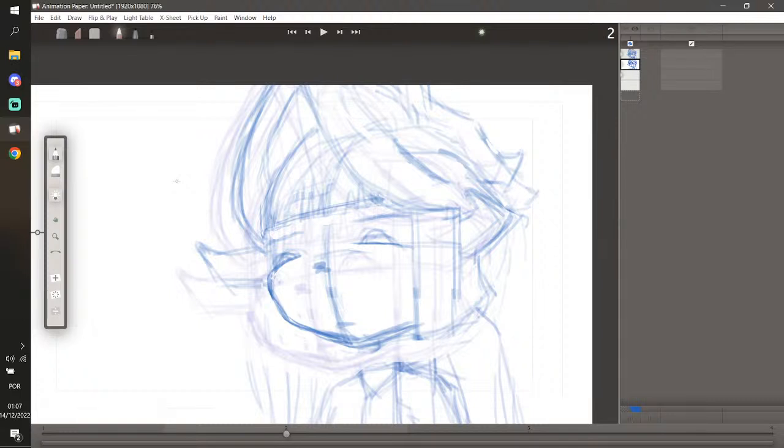Most of the information that is encoded in the character turnaround is there, though it's not strictly there to be copied. It's there primarily for consistency, meaning you reference the turnaround to make sure that at every point the character you're drawing looks like the right character.